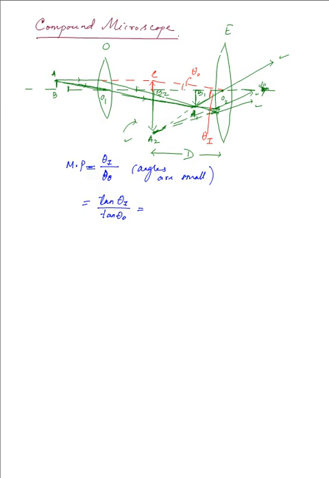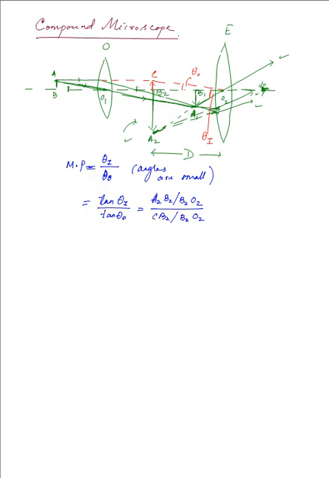For theta I, as you know, we have A2B2 over B2O2 in that triangle A2B2O2. And then in the denominator for tan theta O, we have CB2 over B2O2.